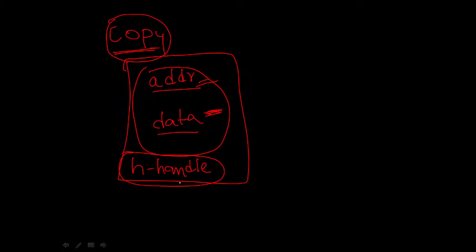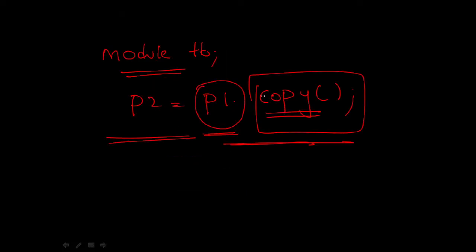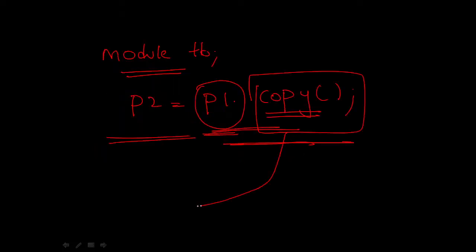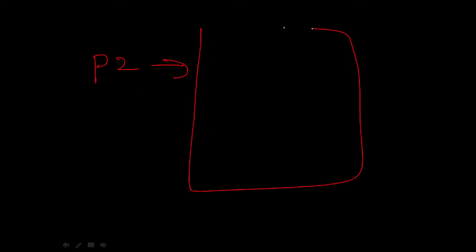Now, since this p1.copy is being called initially, everything is being created, this object has been created, and this whole object will be copied to p2. That is, now p2 will point towards this whole object that is created when we call the copy function.